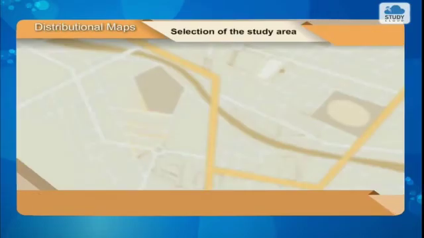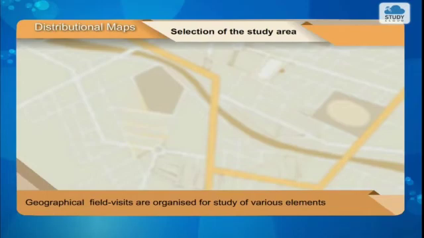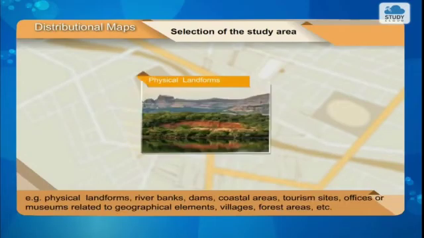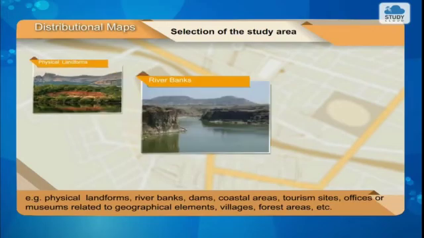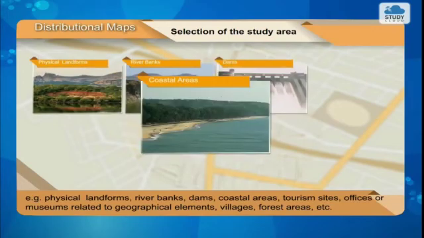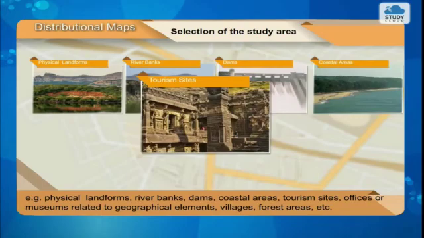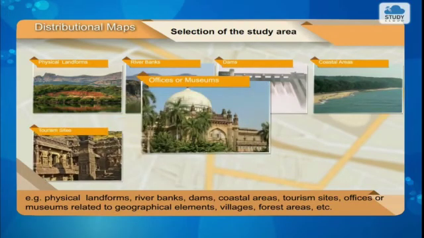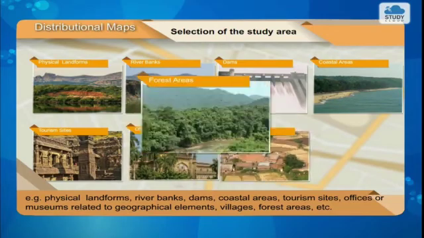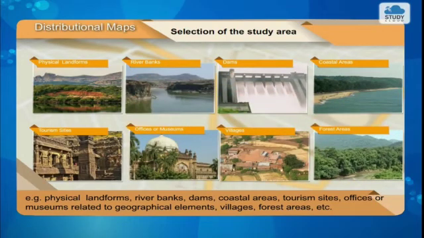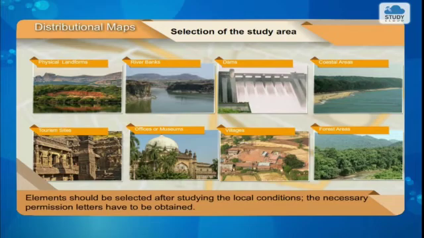Selection of the study area. Geographical field visits are organized for study of various elements, for example, physical landforms, river banks, dams, coastal areas, tourism sites, offices or museums related to geographical elements, villages, forest areas, etc. Elements should be selected after studying the local conditions.